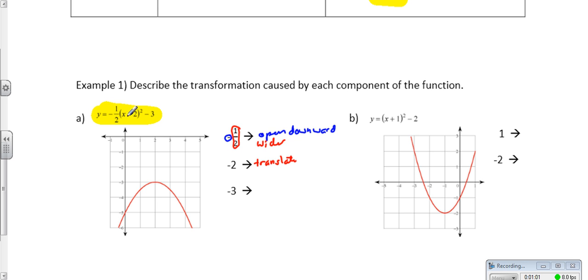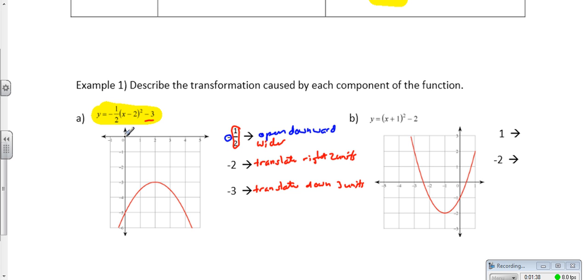We said it's opposite of what's inside the parentheses. It's affecting a left and right shift, opposite reaction or opposite effect. So -2 is going to translate right 2 units, and then the 3 out here is affecting vertical shifting, and that will translate down, because it's minus, down 3 units.